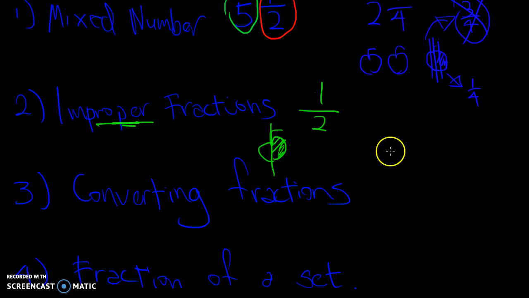So what is an improper fraction? An improper fraction is, for example, 4 out of 2. Why? Because to form one whole, I only need 2 parts. So it's like half an apple plus another half. I already have 1 whole.